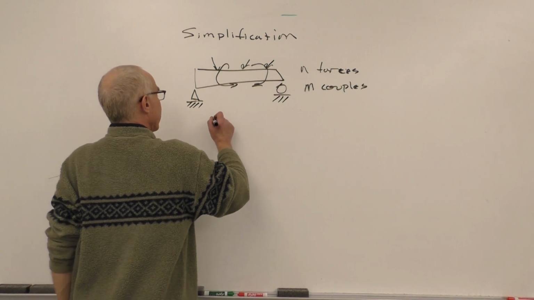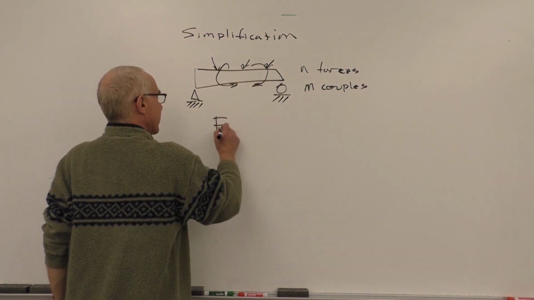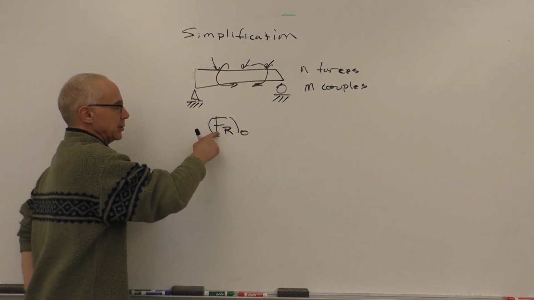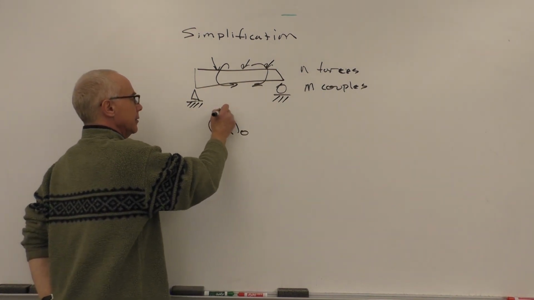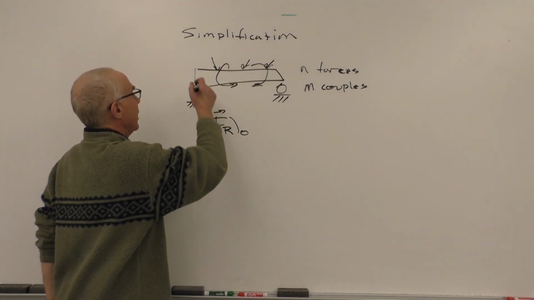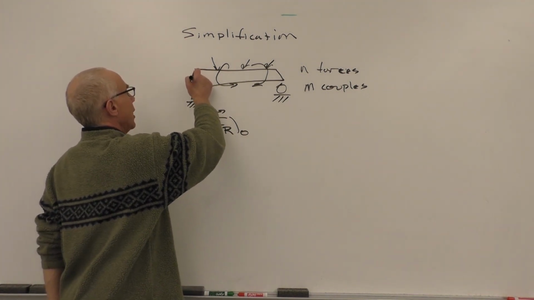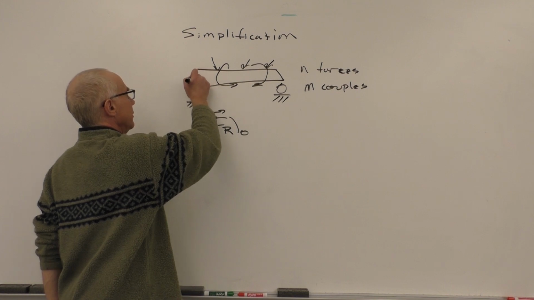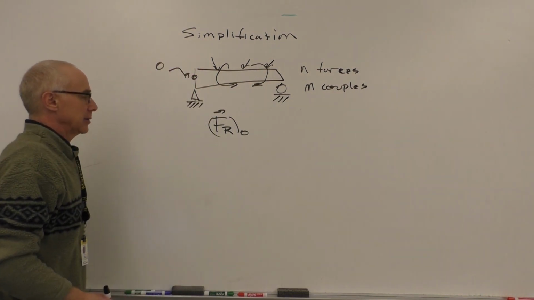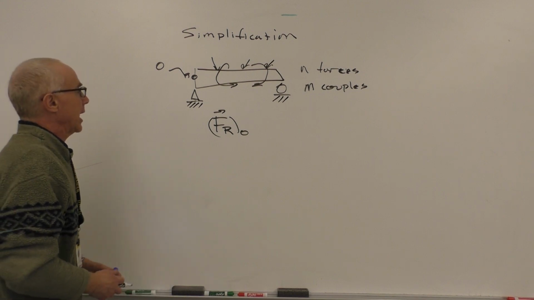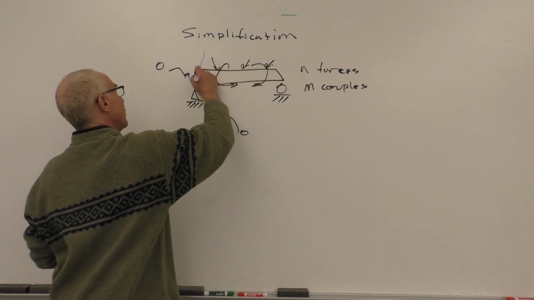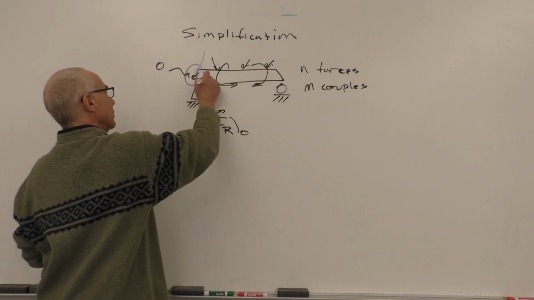So what we can do is, and I'll use the notation they use in the book, FR, which is the resultant force vector, evaluated about point O. And you can do it about any point O you want. Typically, we sometimes will pick a point O maybe at the end. And here's where we're going to have our simplified system, which will be just one force and one moment.